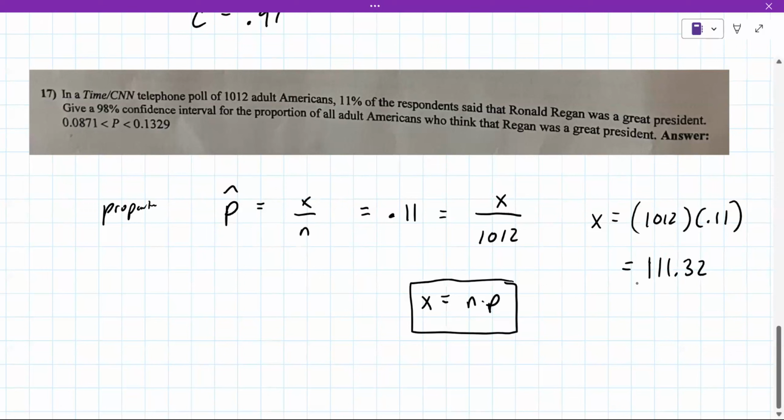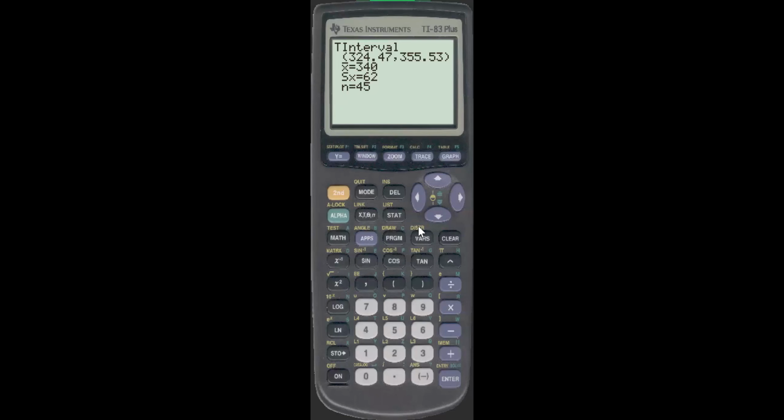All right. So now we're going to go back to the calculator, and I'm going to share that screen. Here we go. Turn the calculator back on. Stat, test. This is a proportion interval.